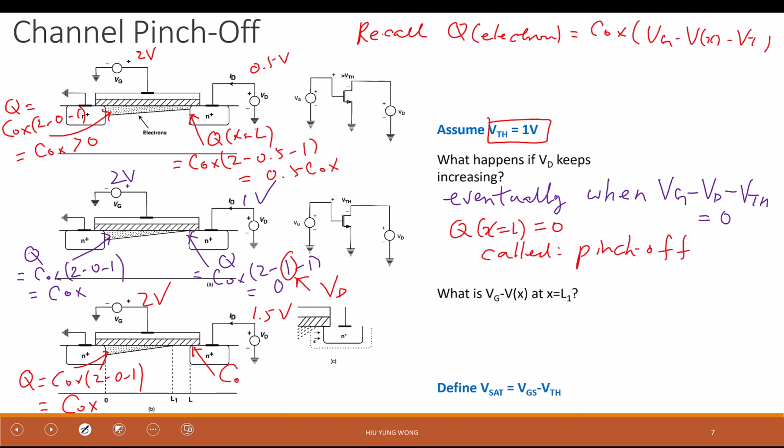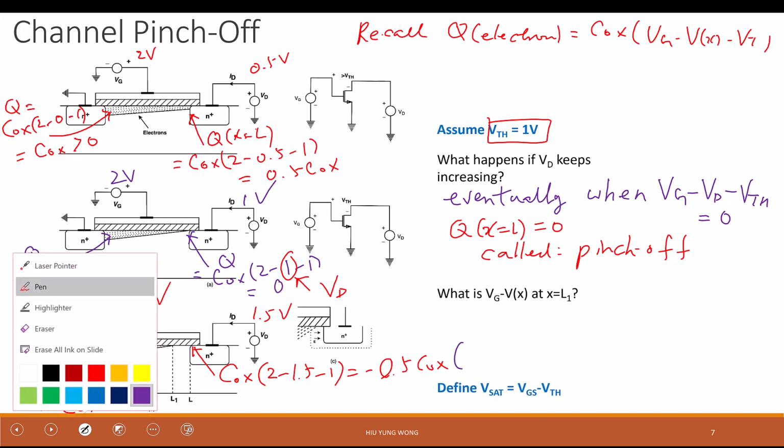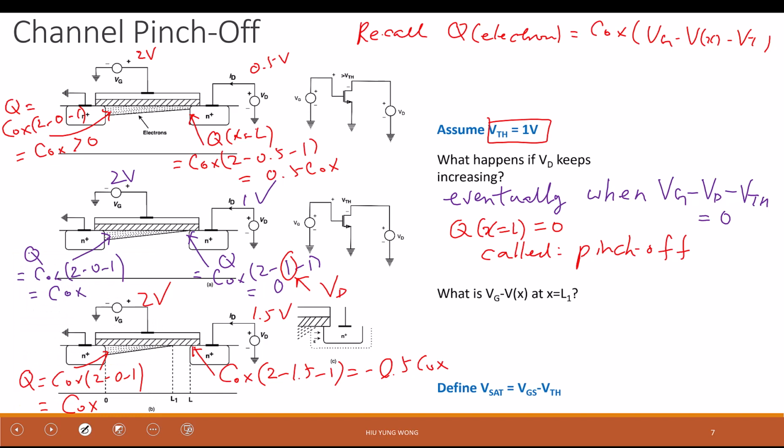If I still use this equation, C ox times 2 minus 1.5 minus 1, I get negative 0.5 C ox. This is impossible. Getting negative charge basically says I'm trying to induce holes, but the equation breaks down. It's not applicable anymore.